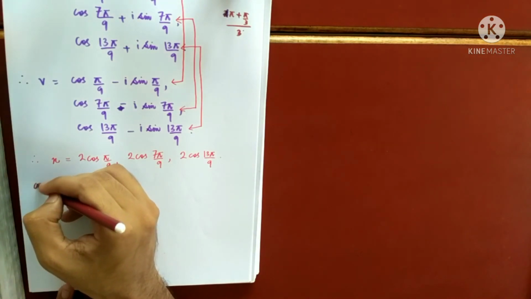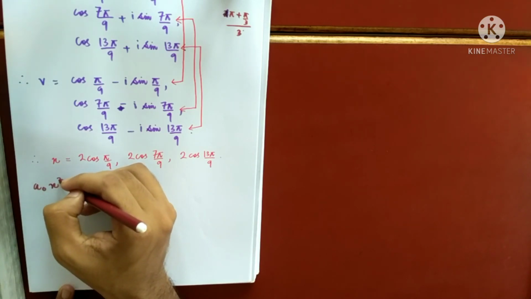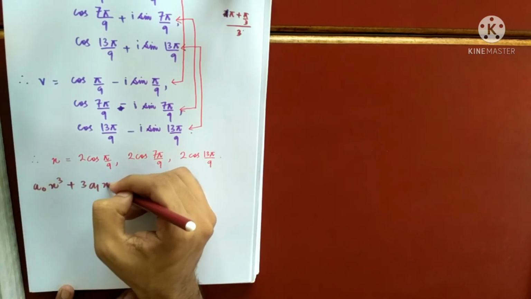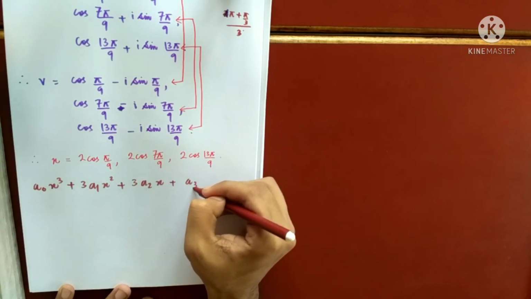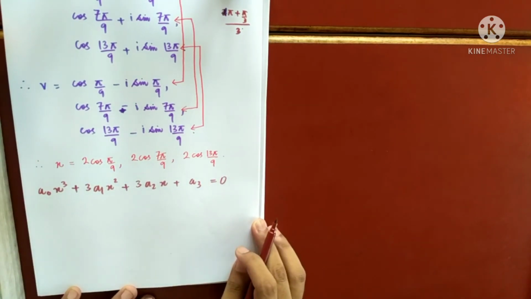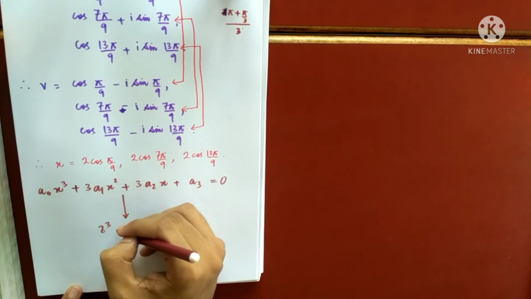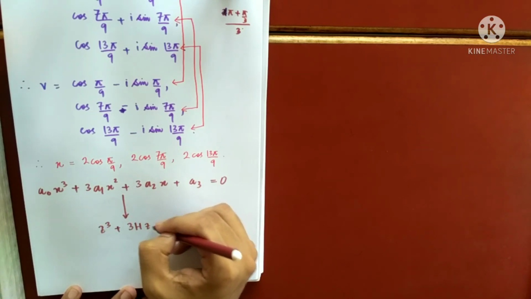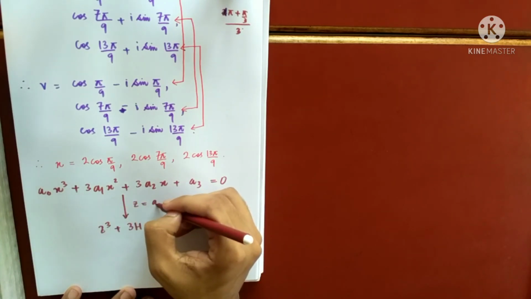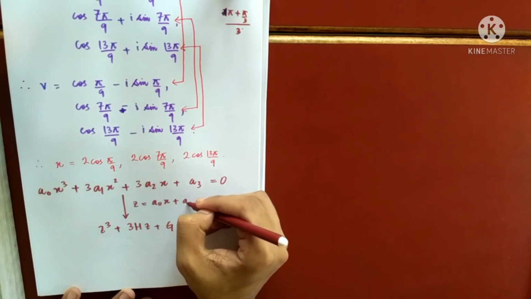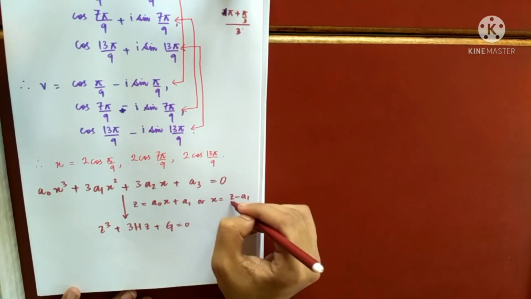When you are given a cubic like this, a naught x cube plus 3a1 x square plus 3a2 x plus a3 equals 0, and you want to solve it, you first reduce it into the standard form z cube plus 3hz plus g equals 0, by using the transformation z equals a naught x plus a1, or you can write x equals z minus a1 by a naught.